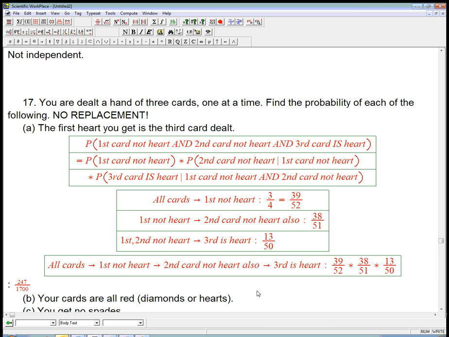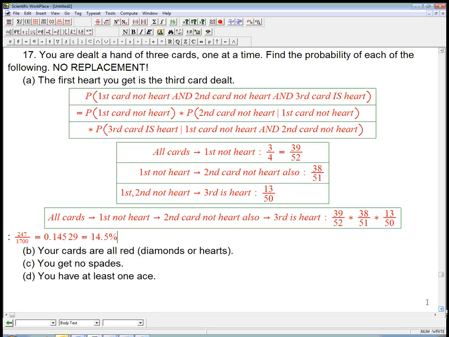That turns out to be 247 over 1700, or 14.5%. So that's a bit of an involved calculation, but it's a prototype for a lot of the calculations we do, and in fact these tree diagrams. It's not the only way of doing this problem. There are other ways, like combinations and permutations, but this way fits in with the general multiplication rule.